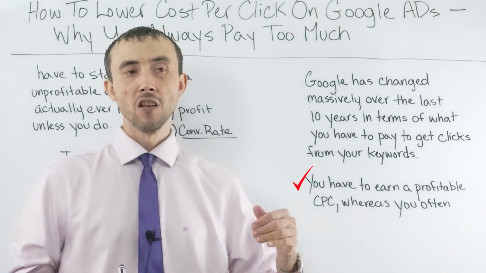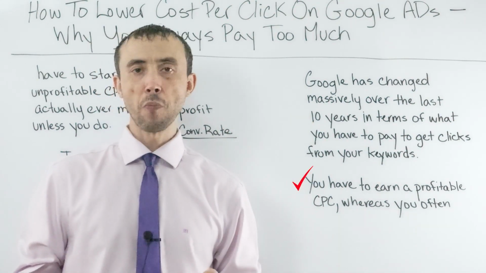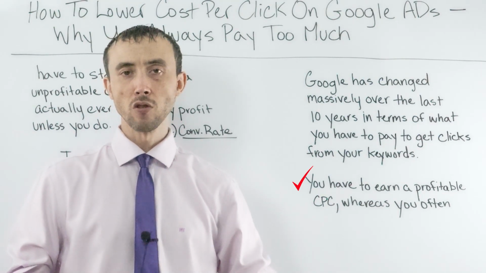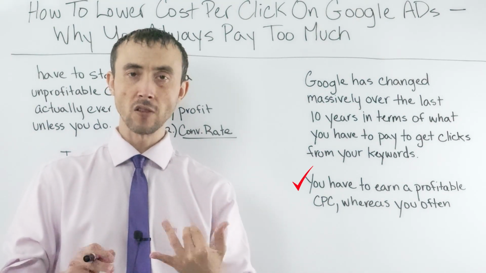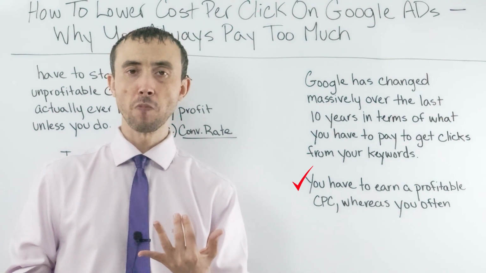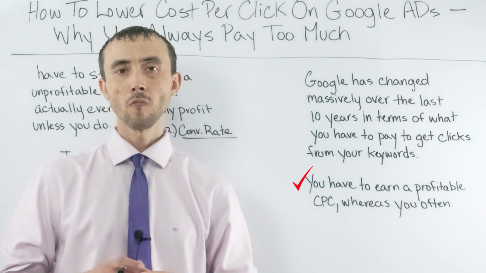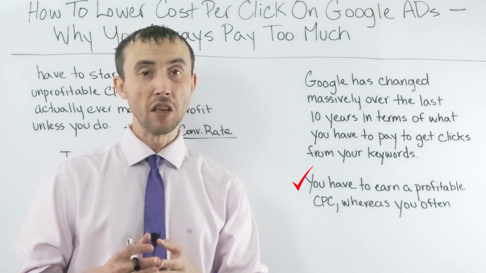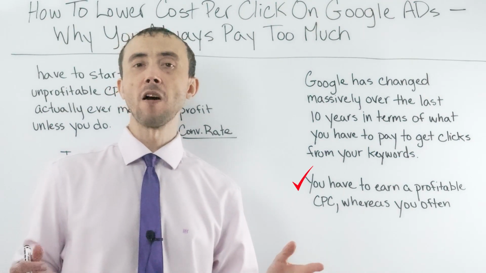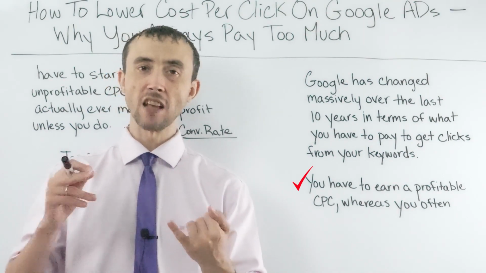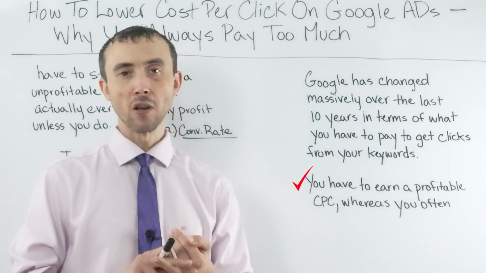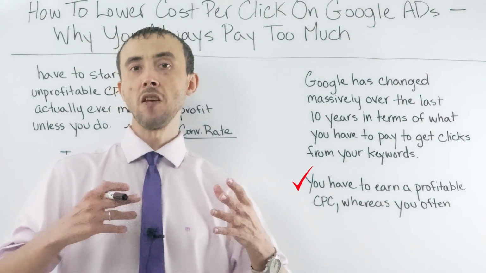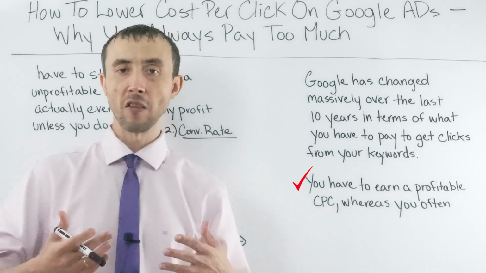The problem is the cost that you're going to have to pay per click to get to the top of Google, if you do a piss poor job helping their users out in terms of click-through rates and conversion rates on the traffic you're buying from them, will be so high that effectively the ads won't be profitable even if you have all the other foundation stuff right, such as answering the leads on time, having a good salesperson handling the leads, or if you're talking about e-commerce, getting the most you can out of a customer, that kind of thing.